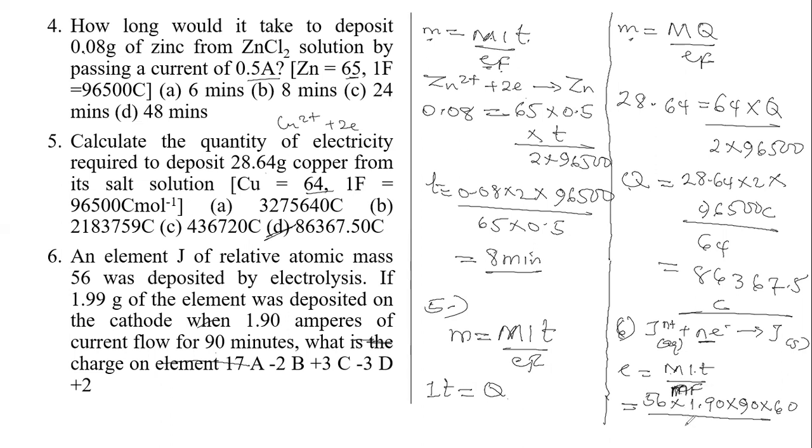So let me make it neater so that you won't be confused. So we have E equals MIT over mF.